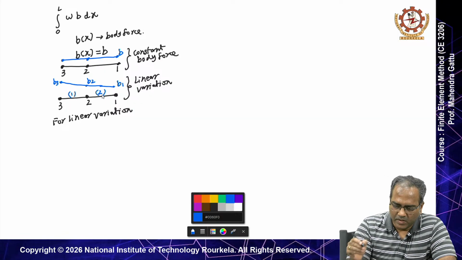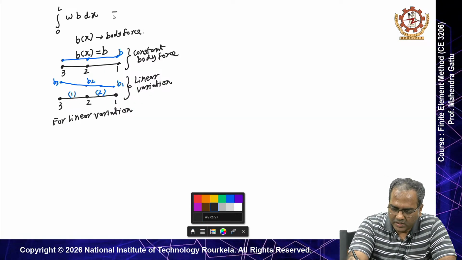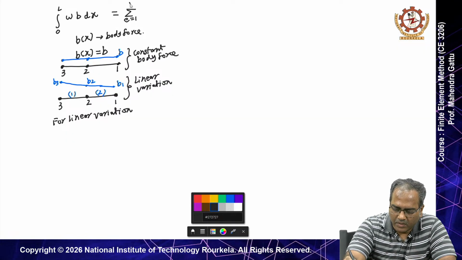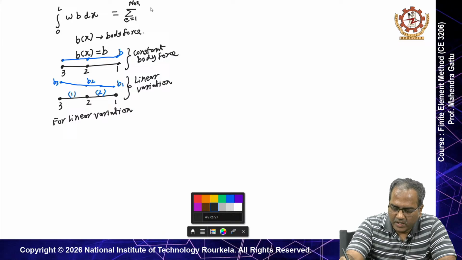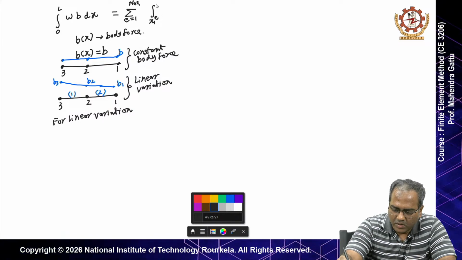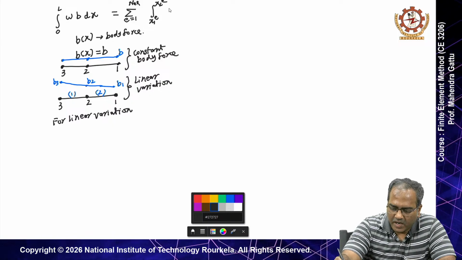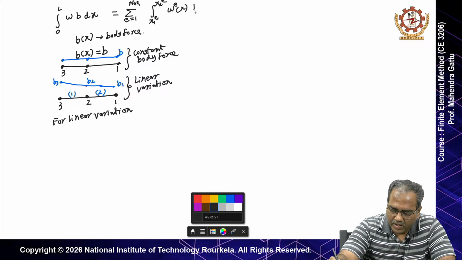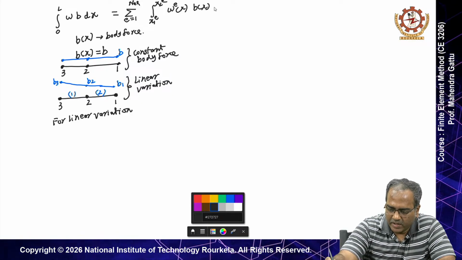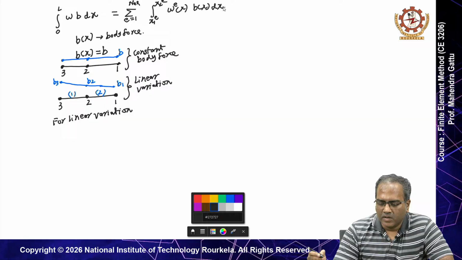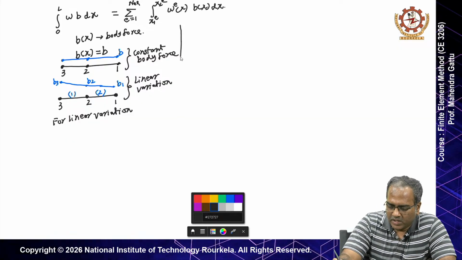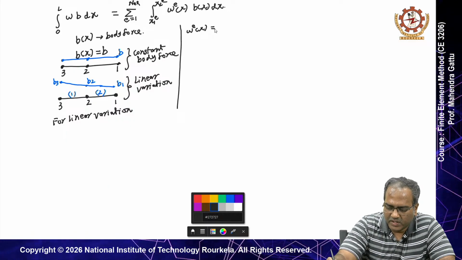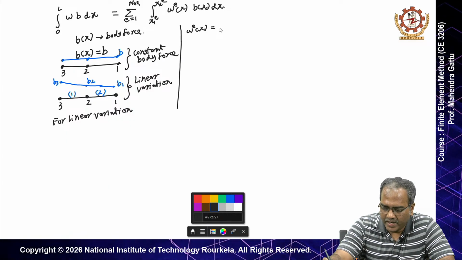So what we will do is, we will split up this integral as summation over each element e equal to 1 to number of elements, and then the integral will be x1 e to x2 e, and then we have w e of x, and then we have b of x in the element times dx. Okay. So earlier we discussed how we approximate the weighing function w e of x.